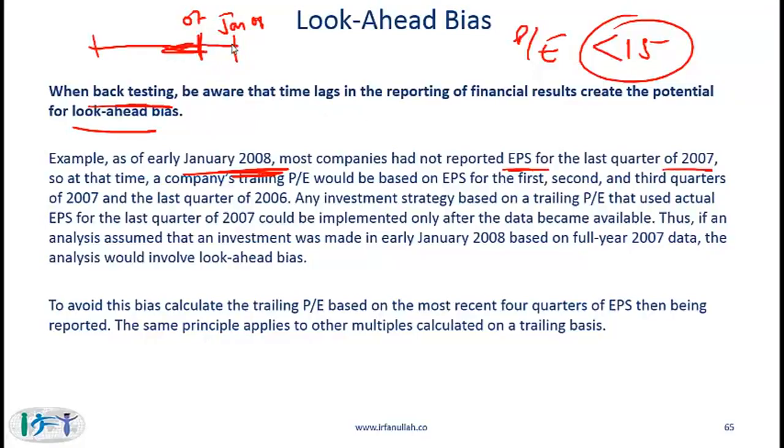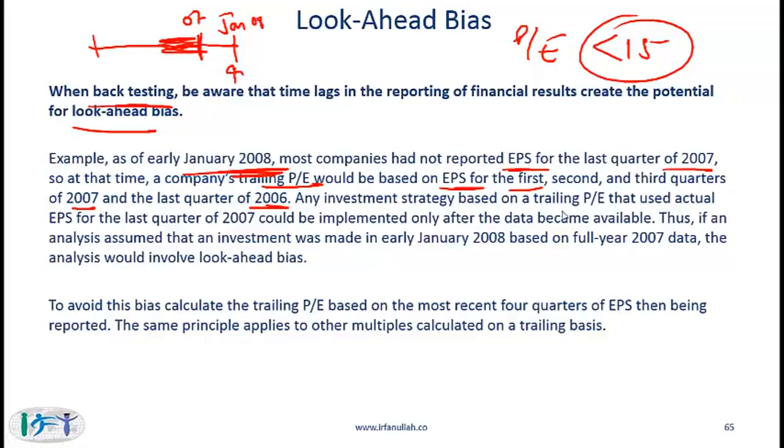So actually in Jan 08, many companies have not reported numbers for the last quarter of the previous fiscal year. So at that time, a company's trailing PE would be based on EPS for the first, second and third quarters of 2007 and the last quarter of 2006, which means that if you are actually here in January and doing investment based on PE ratios, you would not be taking the PE for all of 2007 because the data is not available.